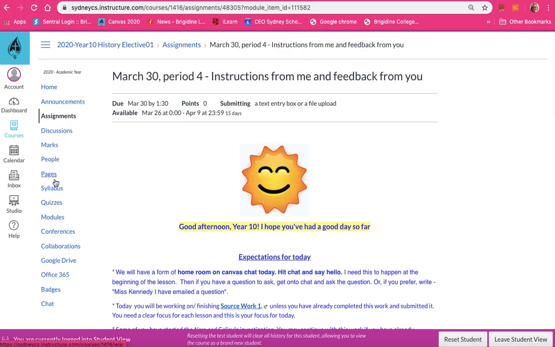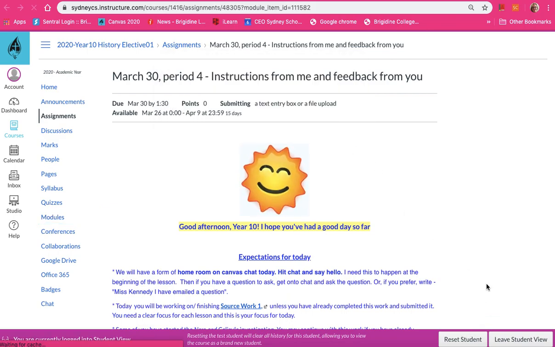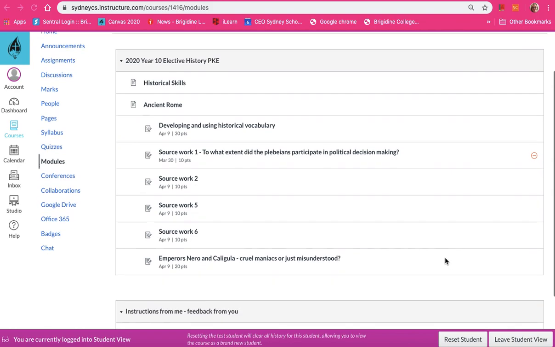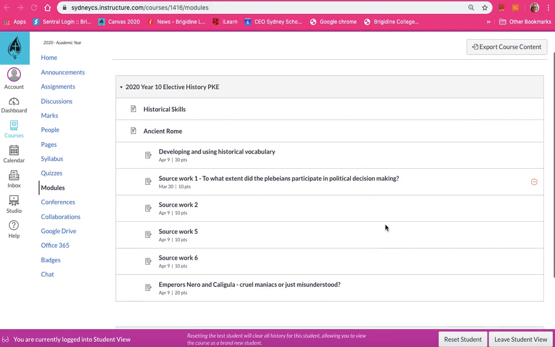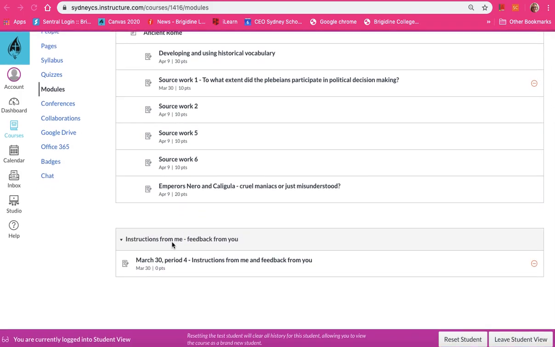Okay, so now we've got this little menu at the side. So just to remind you, we're still, no, I don't want to leave Student View. Okay, great. So we're still in Student View, we're at modules. So just remember, this is the place you go first. You get the instructions.